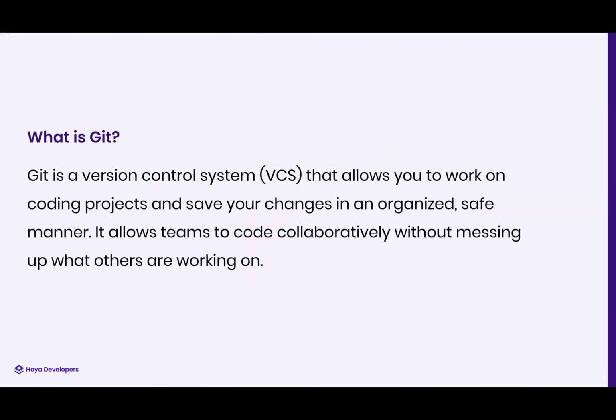This is a lot of text, but Git, not GitHub. Git itself is essentially like if you ever go on a Google Doc and you click see version history and you can see all the edits someone's made on different days.